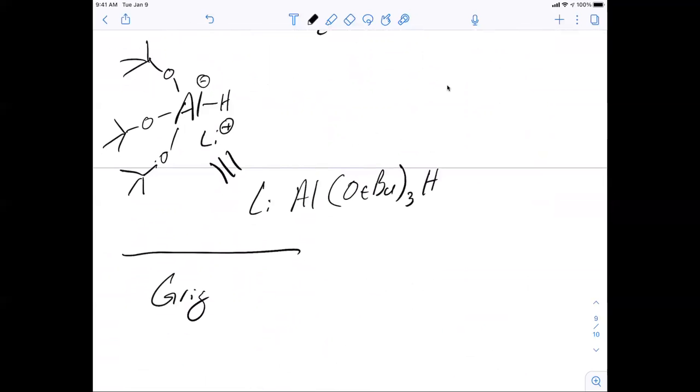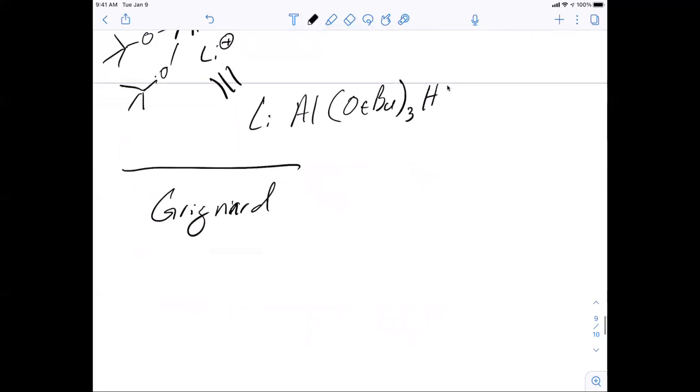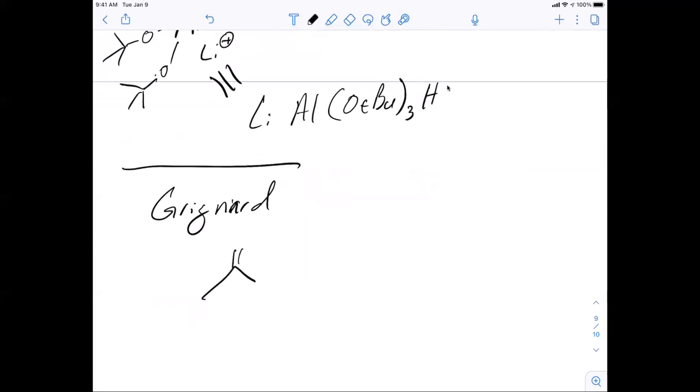We can also react acid chlorides with Grignards and other carbon negatives. So we're getting up to carbon negative species. When we have an acid chloride react with Grignards, and you can say 2 equivalents, you can also say excess here, right?